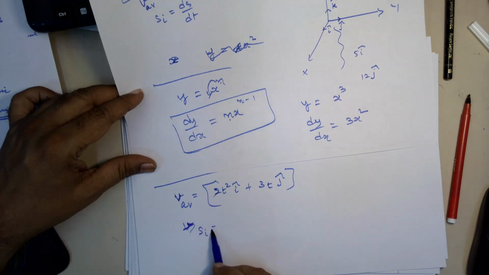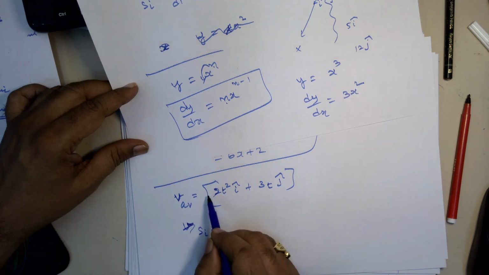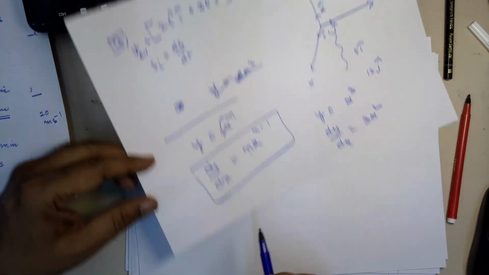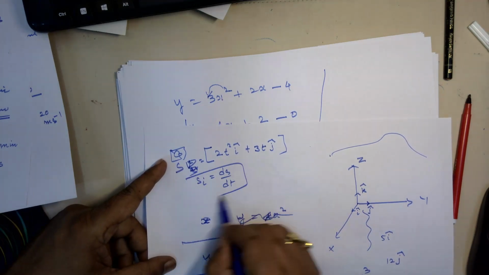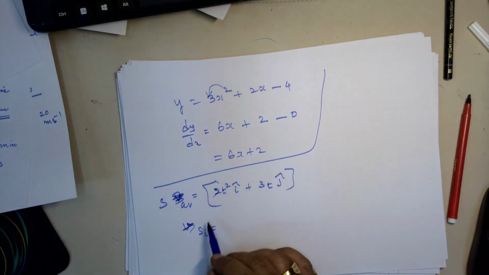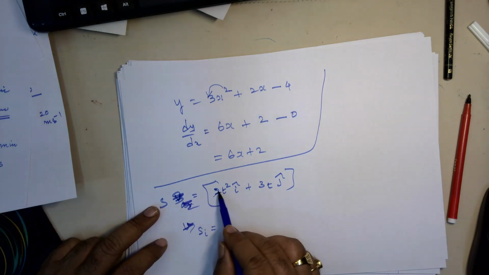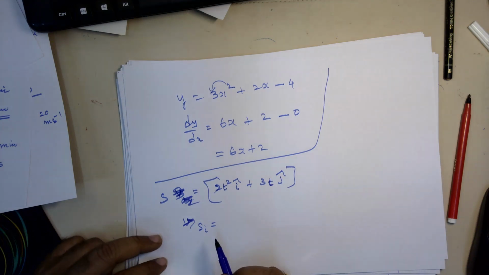They asked for the velocity. So S is given here: S is 2t squared i plus 3t j, right?